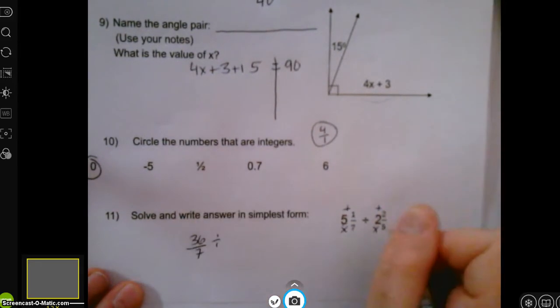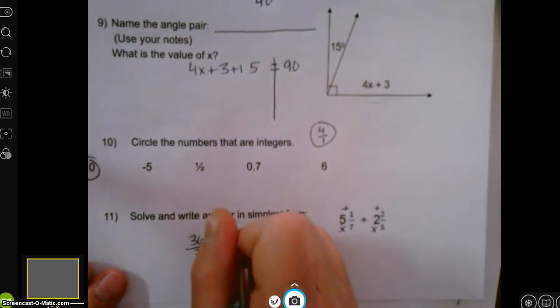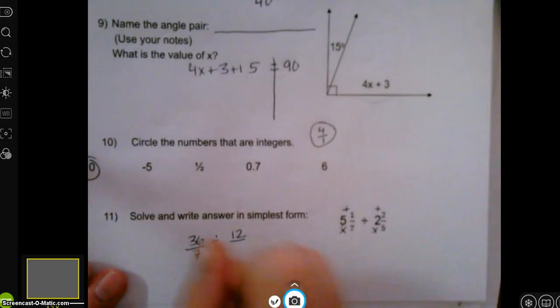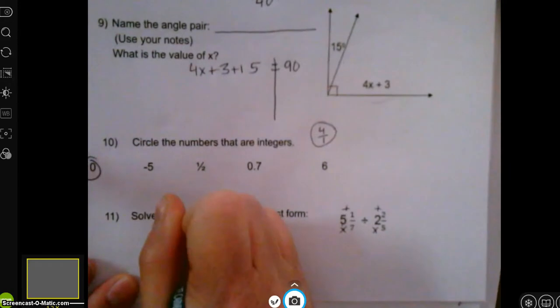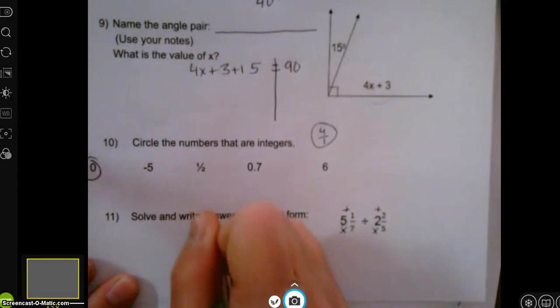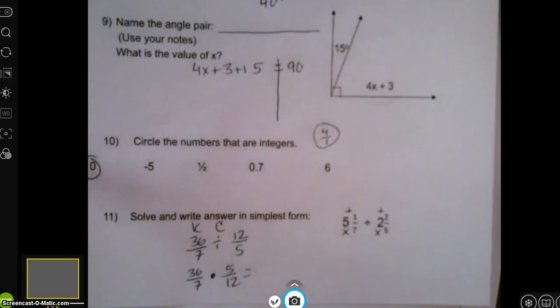Divide by 5 times 2 is 10, plus 2 is 12, over 5. And then we do keep, change, flip. Okay. Now from this point, you want to look for a relationship.